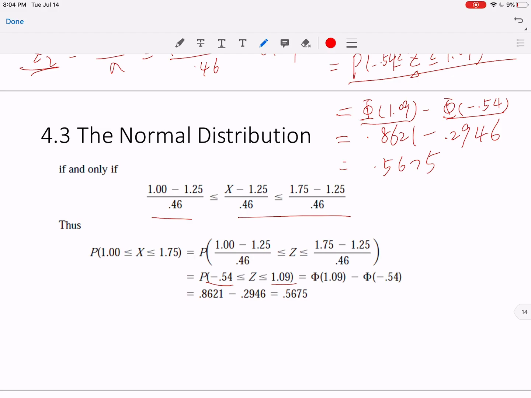So if we want to find the probability that z is greater than or equal to negative 0.54 and less than or equal to 1.09, this is equal to phi of 1.09 minus phi of negative 0.54. We got those two numbers, and the subtraction is equal to 0.5675, which is exactly the same as what we got up here. I hope this makes sense to you.